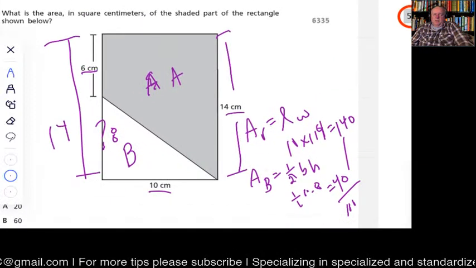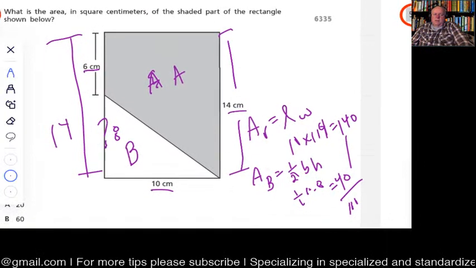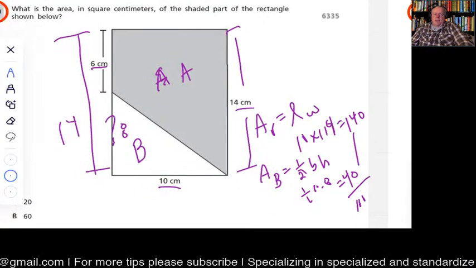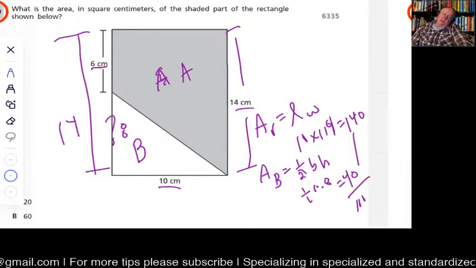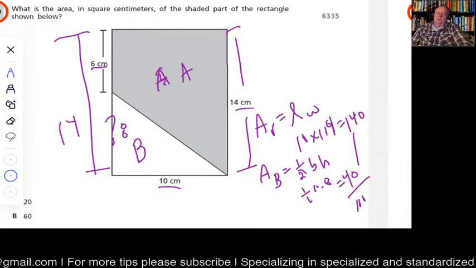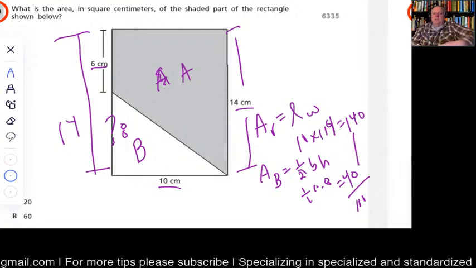By the way, we can also figure out the area of shape A straight up. Because if you turn your head to the side, A is a trapezoid. A lot of you don't know the area of a trapezoid.